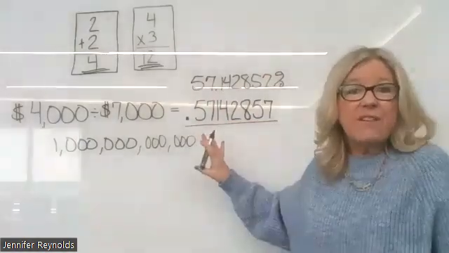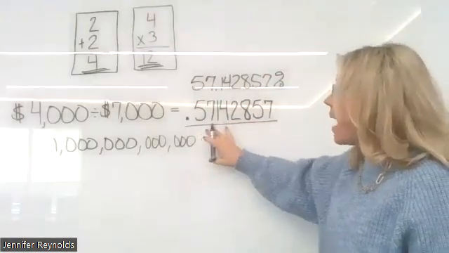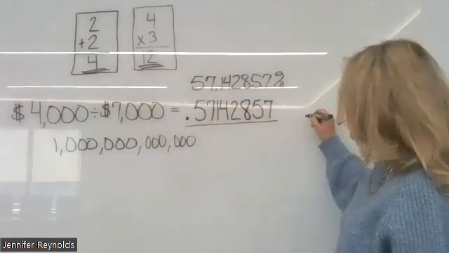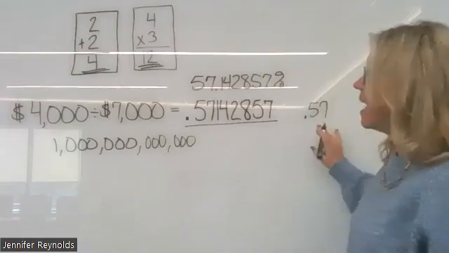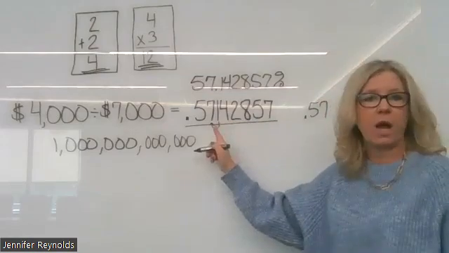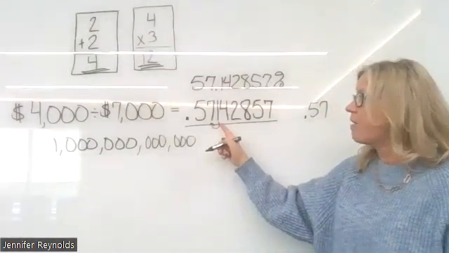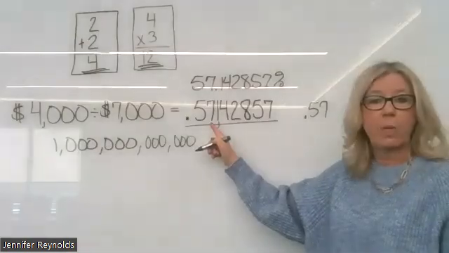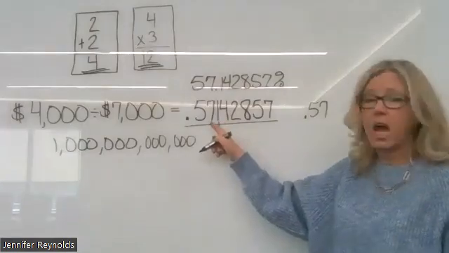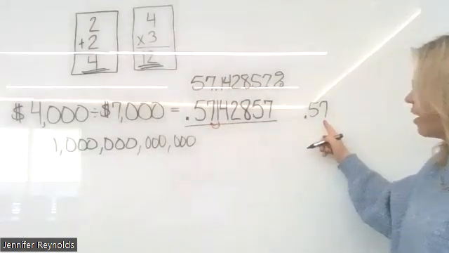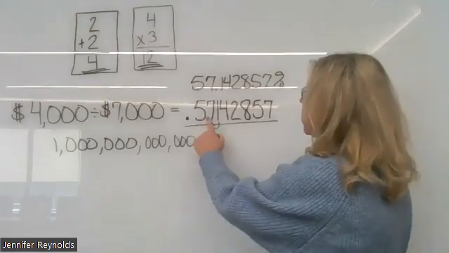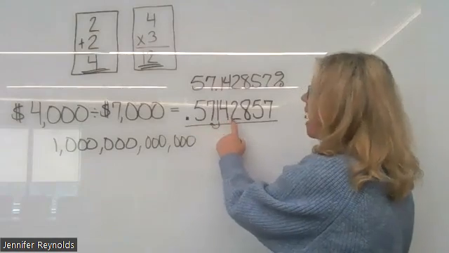If the problem said leave it as a decimal, but round it to only 2 numbers, then my answer would be 0.57, because I look at the next number and ask, does that make the 7 go up? If it is a 5 or greater, it would cause us to round to 0.58. But if it's lower than a 5, it does not cause us to round up, and our answer is just 0.57.